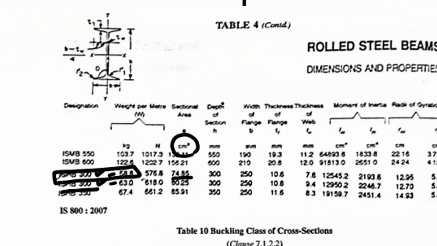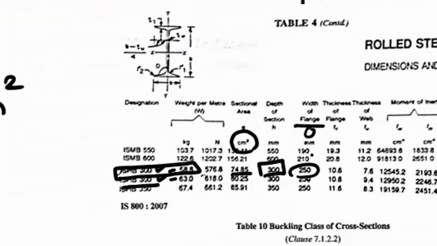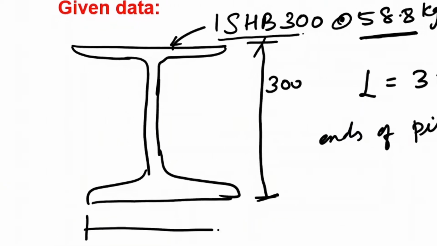Then the depth of section is 300. It is clear that ISHB 300 has depth 300 and width of flange B equal to 250. So if you come back to this diagram, the width of the flange is 250 mm. This we will denote by BF, width of the flange.